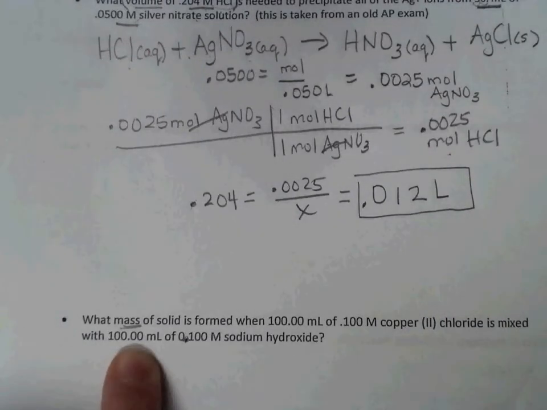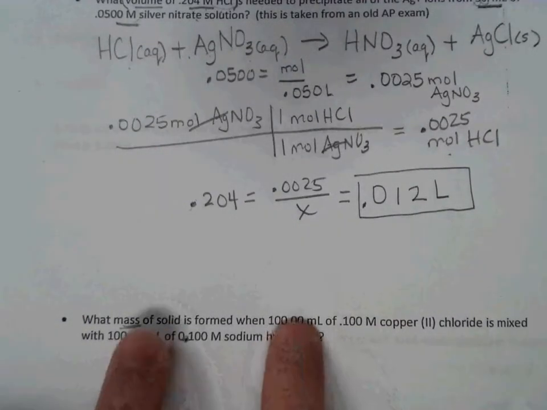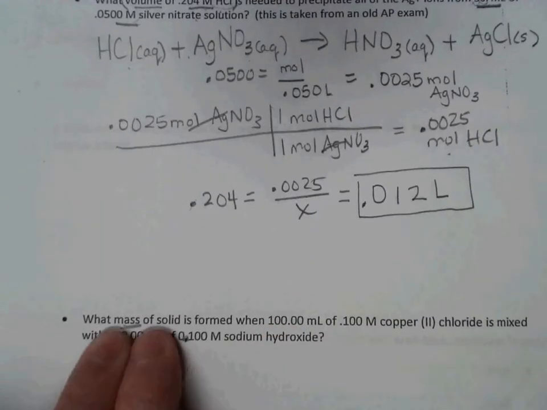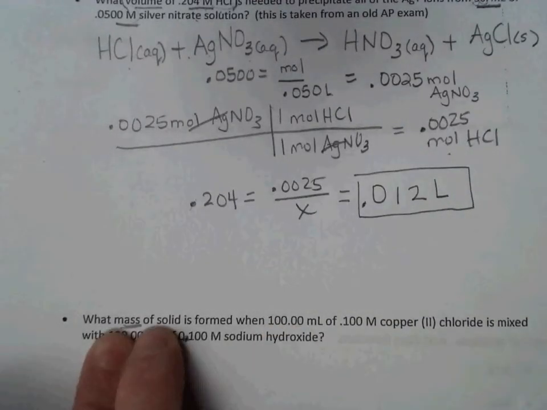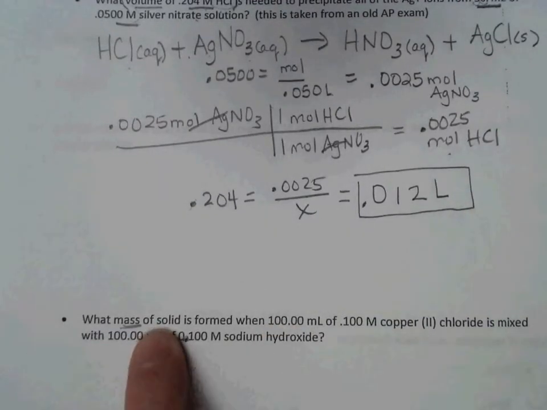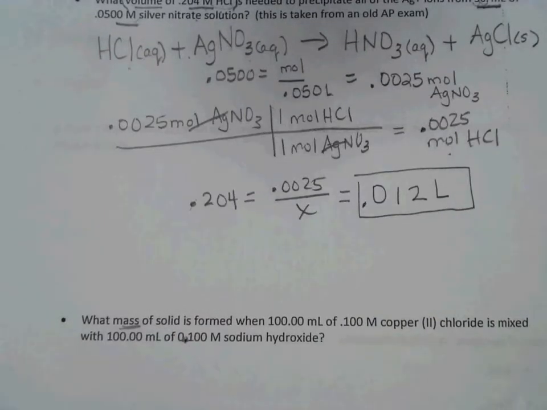That y'all love to do, because you need two picket fences. It's a limiting reactant problem. When you have amounts of both reactants and you're trying to figure out how much is produced, remember, you have to see what you're being limited by. Okay?